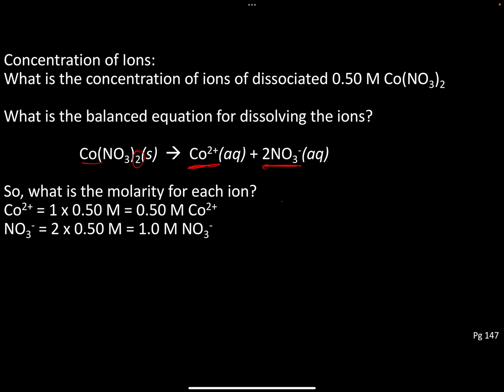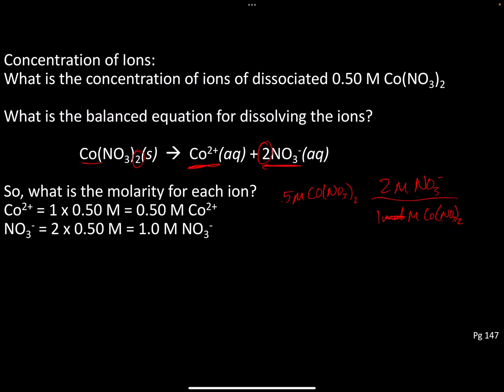Another way to think about this is to say, I know that I have 0.5 molar cobalt nitrate, and I know that 1 molar of cobalt nitrate will dissociate into 2 molar of nitrate ions.